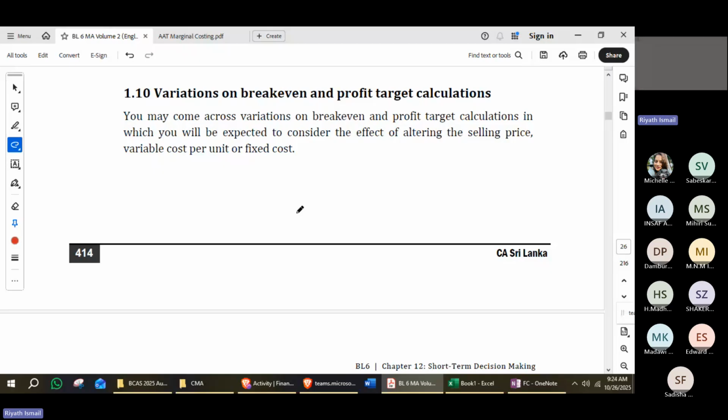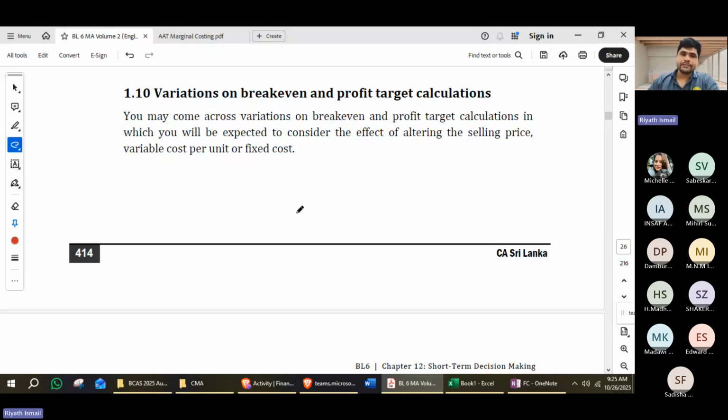Sometimes price may vary, or selling price may vary, or variable cost may vary, fixed cost may vary. So based on the market condition, some variables may change. We are talking about the budget, the future. In the future, many things may happen. Then how can we apply these changes within this break-even point analysis?